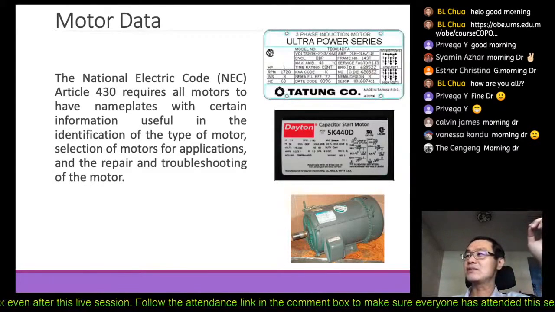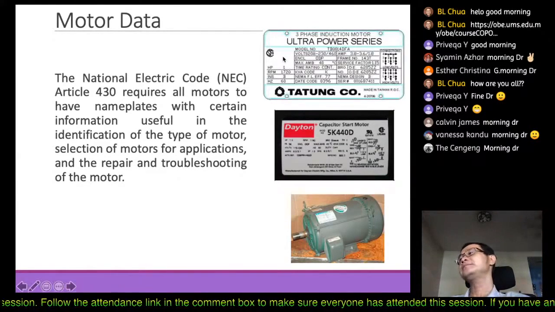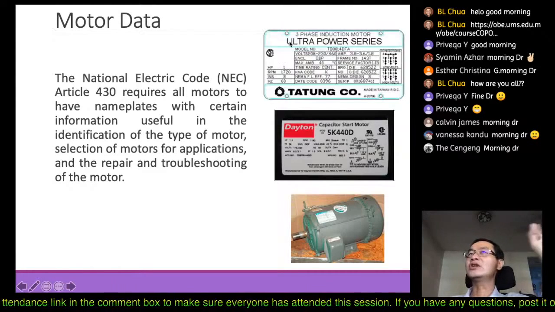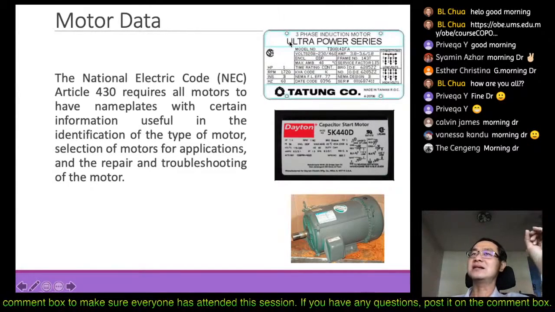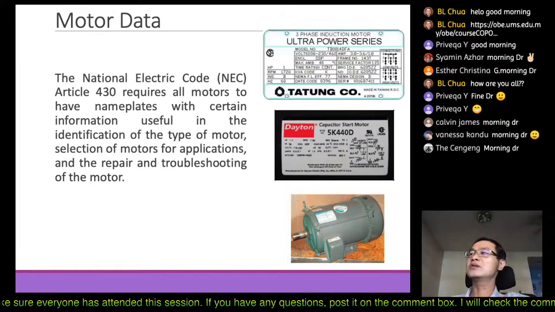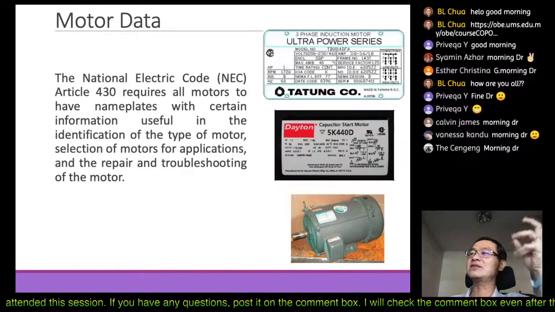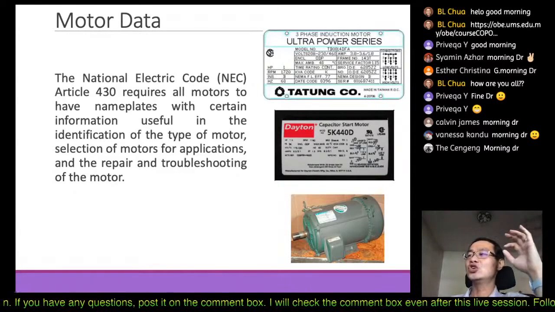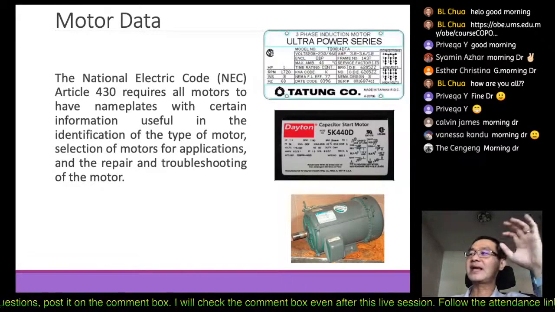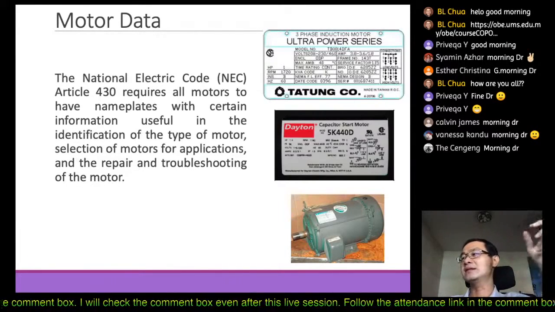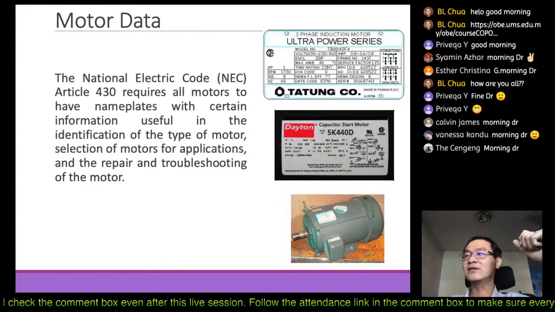Because we assume that the selected motor in the system is a good one. So if it's already there, then we can just use it for our design, right? To select the proper motor to replace the faulty one.